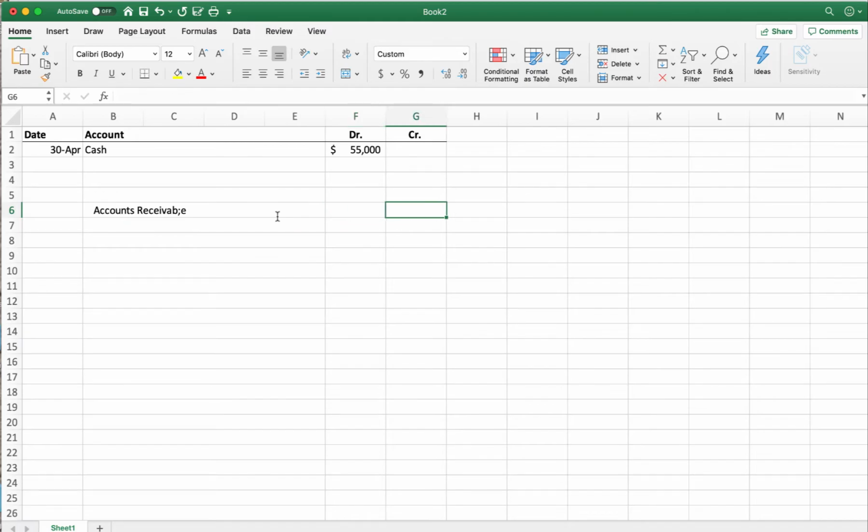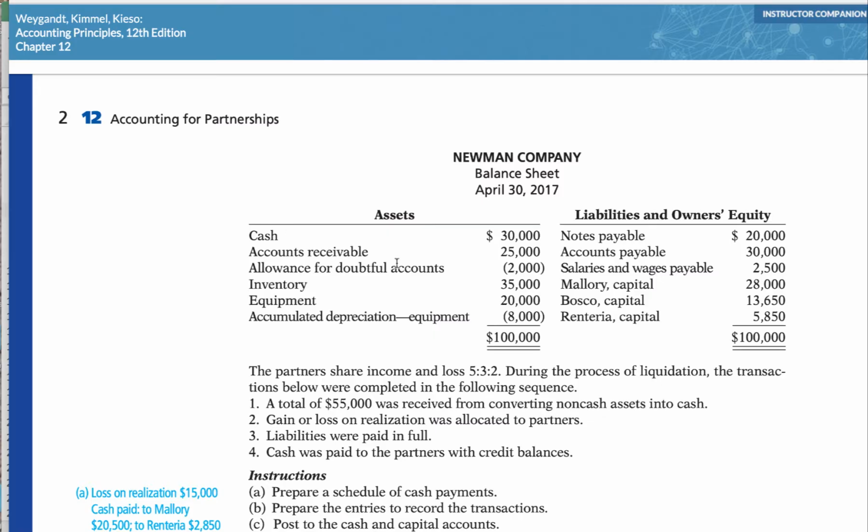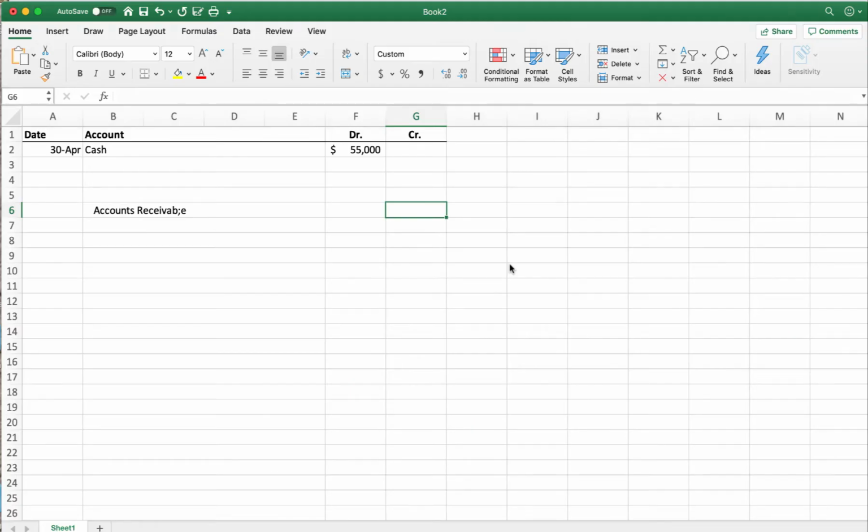Well, how much are we going to credit it for? Accounts receivable is on the books for $25,000. I've got to get it off the books for $25,000. Now, remember, I need to get the allowance for doubtful accounts also off the books. Why? Because the receivable is gone, that asset is gone. Well, it has a contra asset associated with it, that allowance for doubtful accounts.